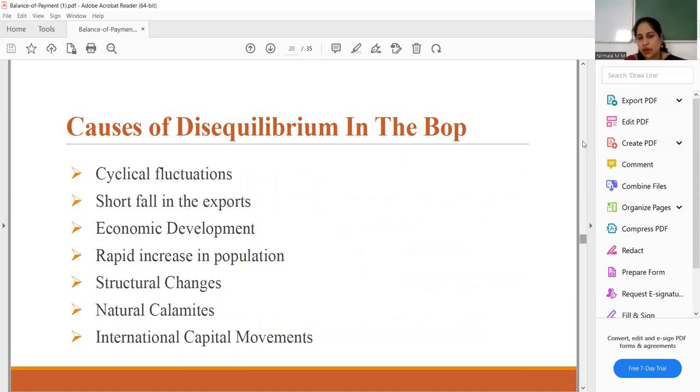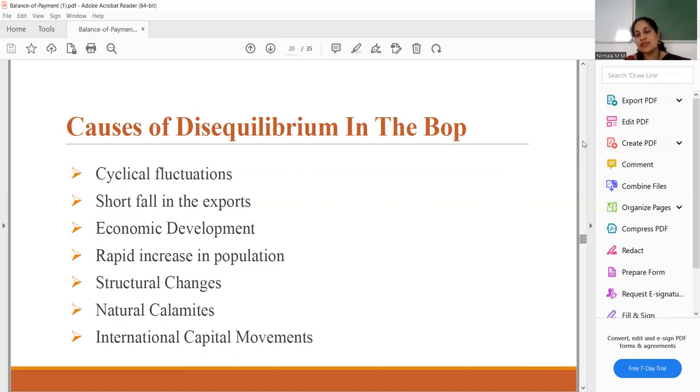A few causes for the BOP situations are, first, cyclical fluctuations, basically the operation of the business cycle. Second, the trade deficit, basically when an economy's imports exceed its exports, so it is the shortfall in the exports of an economy. Then the various phases of economic development.